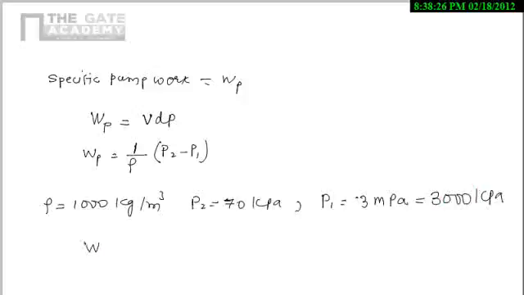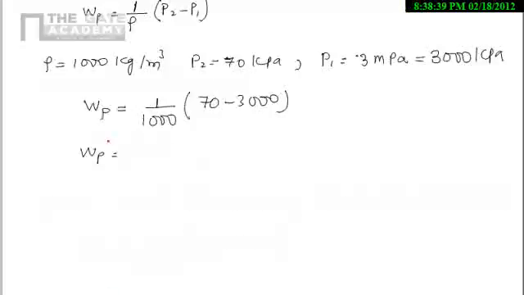Now we can easily calculate WP: 1 upon 1000 times 70 minus 3000. If we calculate this, it comes around minus 2.93 kilojoule per kg.